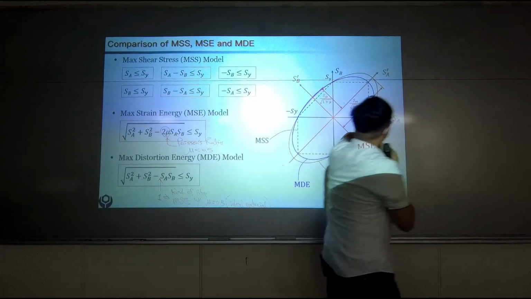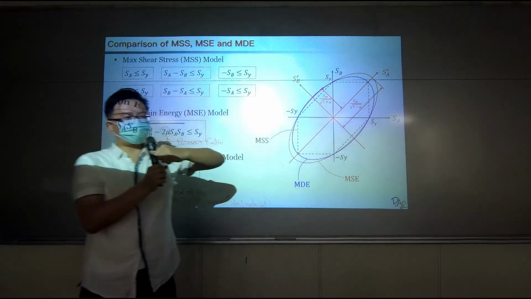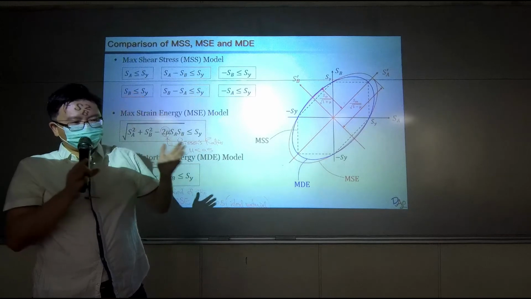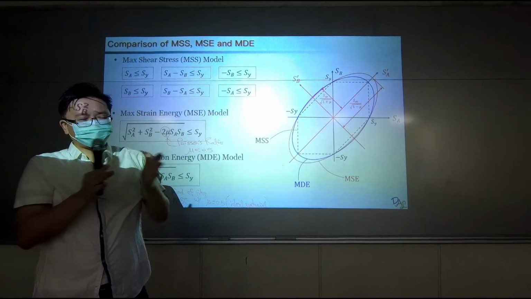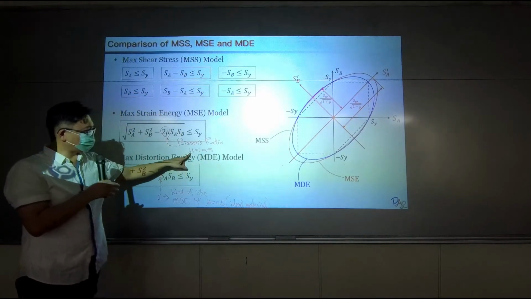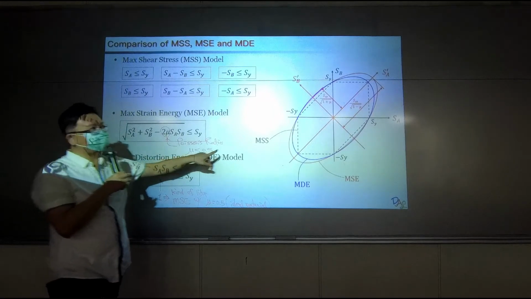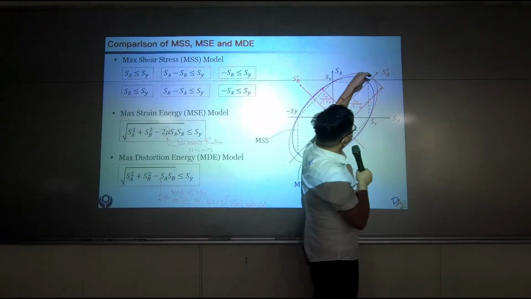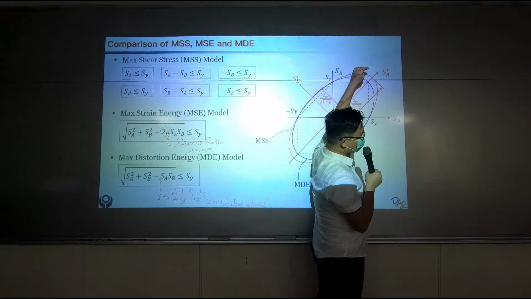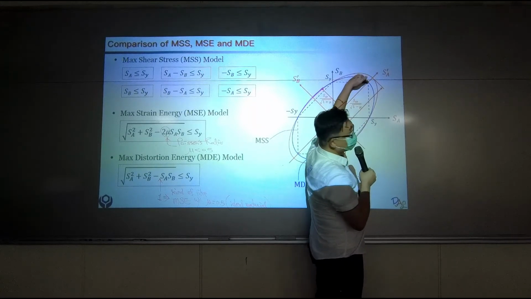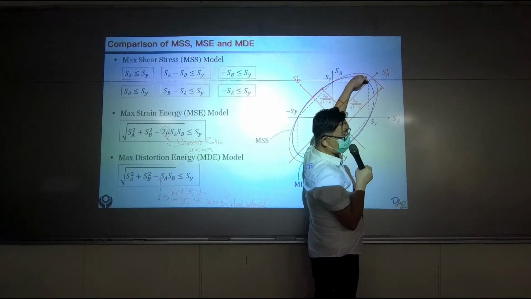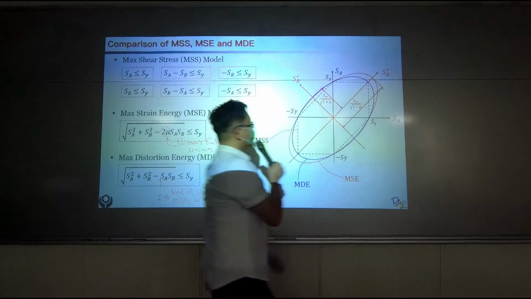Okay? But if you have a material when you stretch and it shrinks a lot, and your Poisson's ratio is very close to 0.5, in that case, your maximum strain energy model is very close to the distortion energy model. Okay?